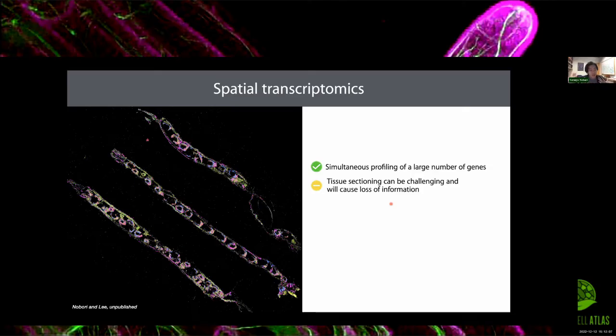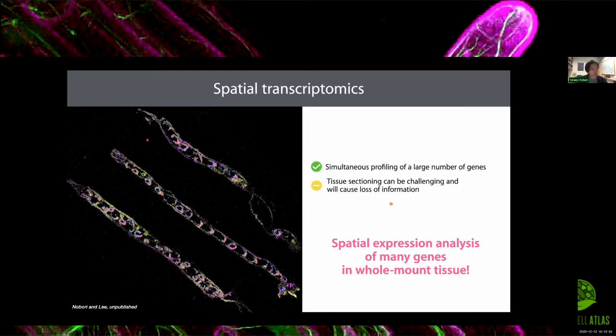Or in my case, I'm interested in plant-microbe interactions, so the sectioning could cause a loss of microbial colonization information. And if that happens, the interpretation of the data on the thin section can be quite difficult. So that's why we need some sort of spatial transcriptomics method that can work in much thicker, ideally whole mount plant tissue.